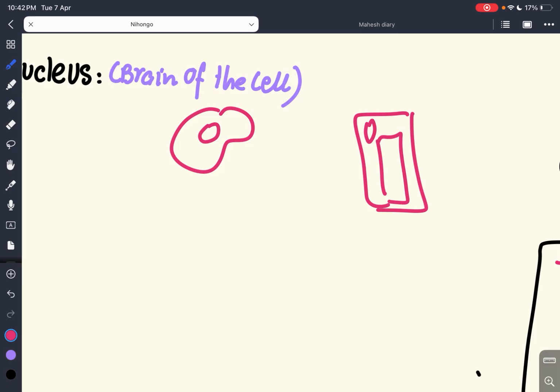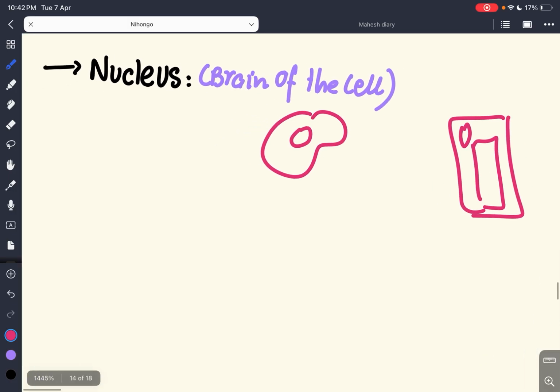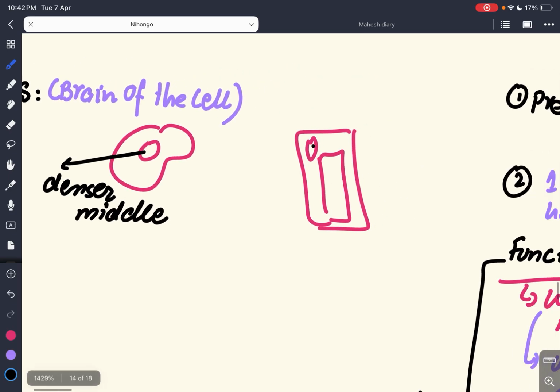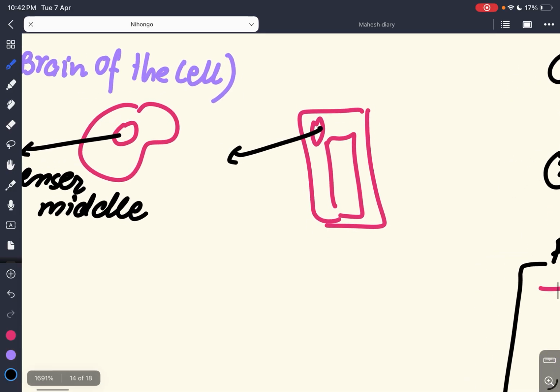If we talk about bacteria, it has no nucleus, which we'll study later. Mainly we're studying plant and animal cells, so let's focus on that. In paper you'll be asked about the positions, so please focus on this.